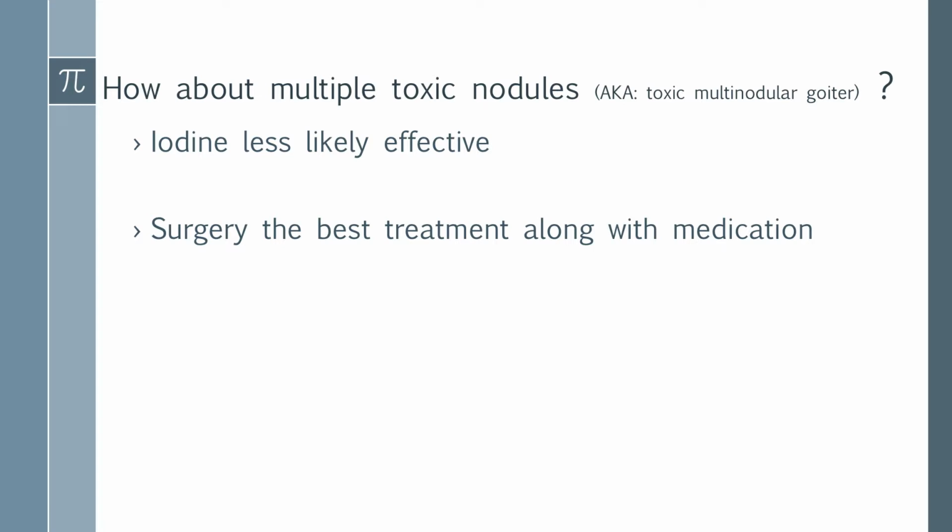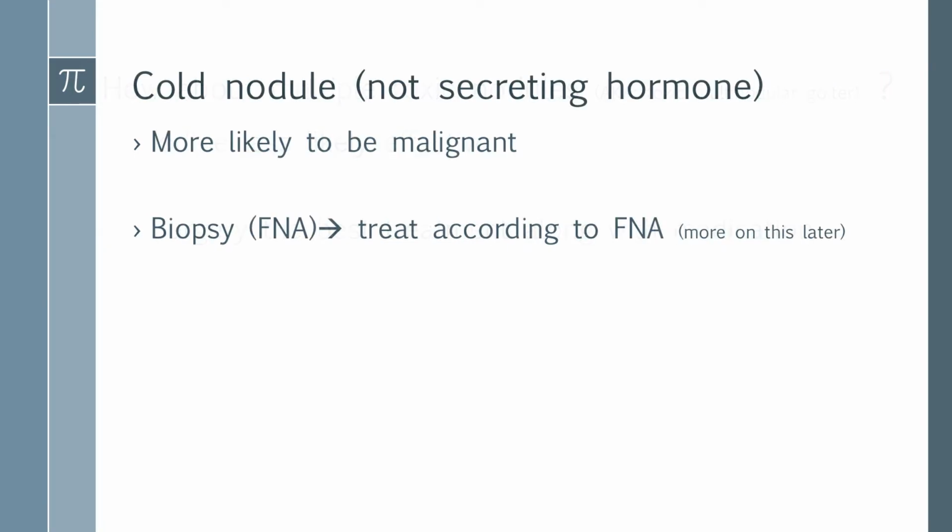So it's not effective because you can only give a certain amount. It doesn't matter if you have 5 nodules or 1 nodule, you're still getting the same amount, but it's going to be less effective because it has to spread among the 5. So in multiple toxic nodules, surgery is your best treatment. You could use medication to control the symptoms. So 1 nodule, iodine; multiple nodules, surgical. That'd be the best treatment.